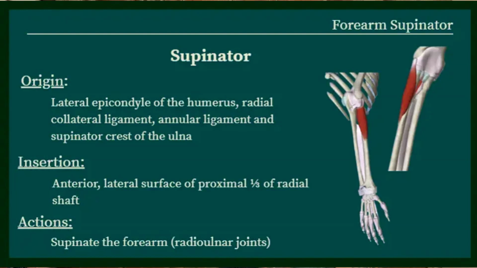The supinator starts at the lateral epicondyle, and the radial collateral ligament. There's a ligament here that holds the radius in, the annular ligament, and the supinator crest of the ulna. It stretches across this area.